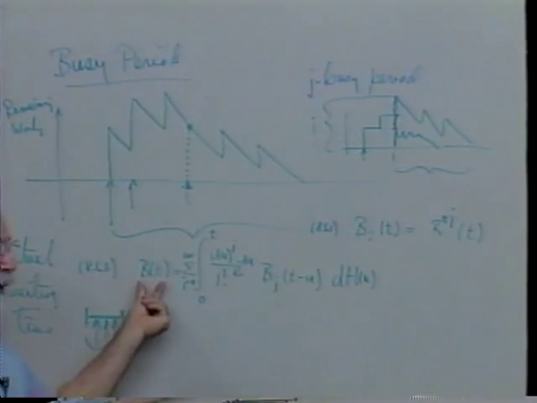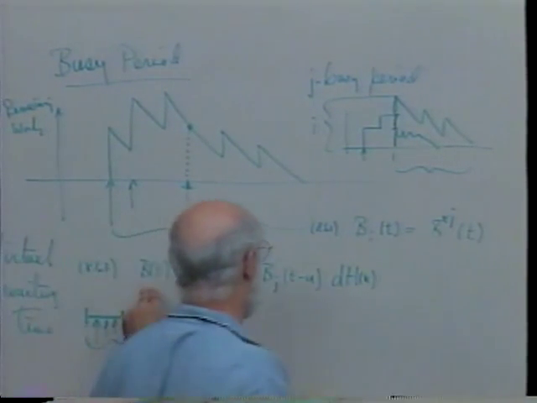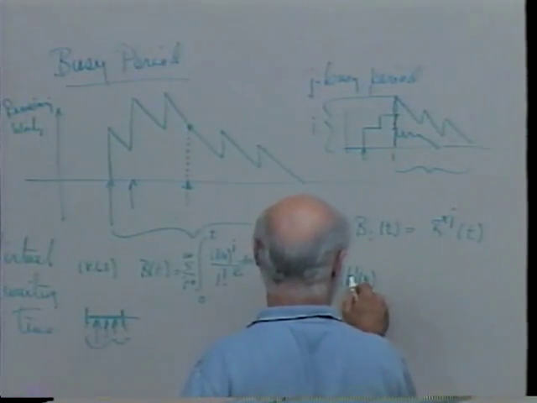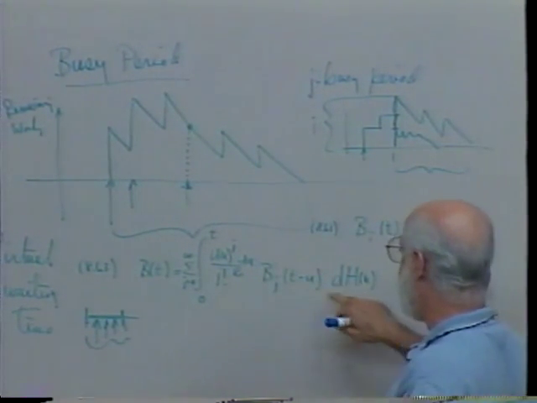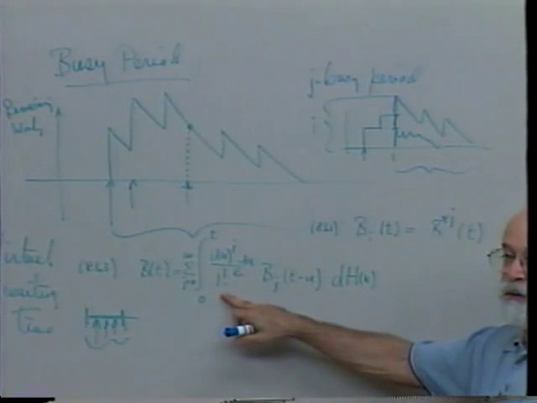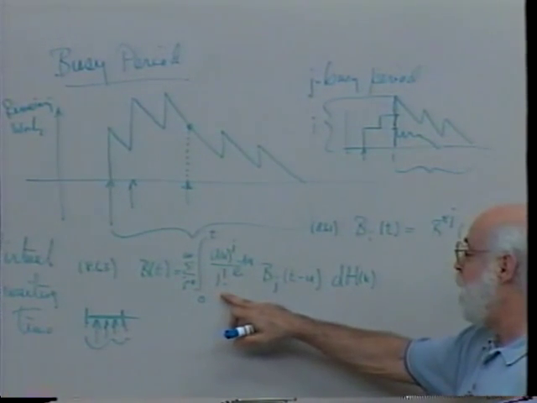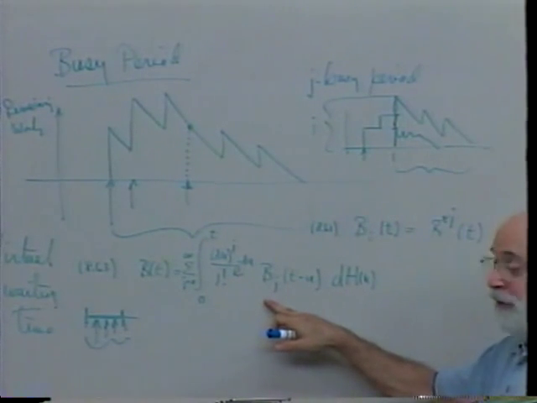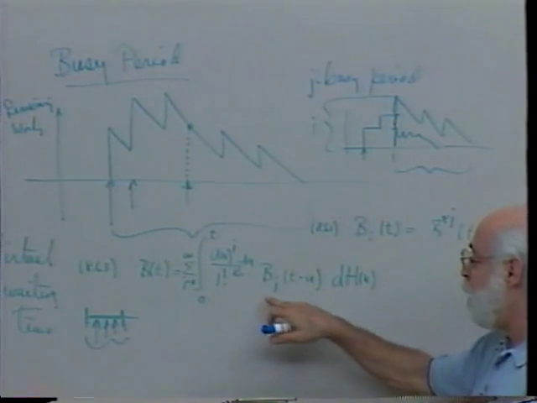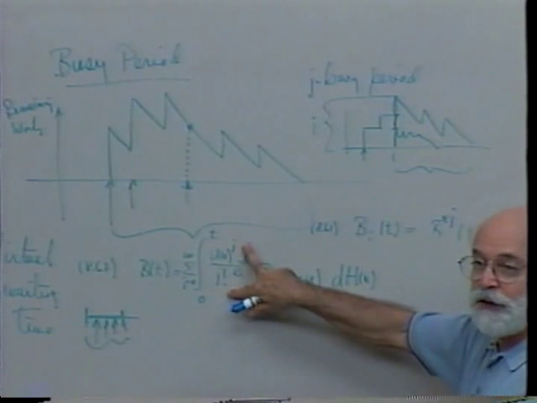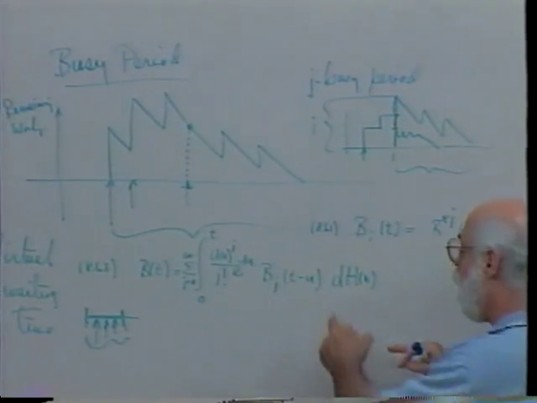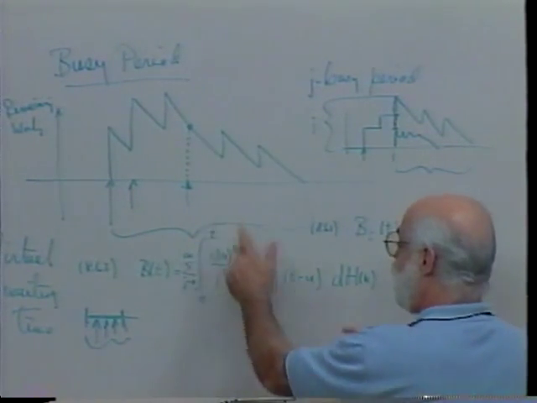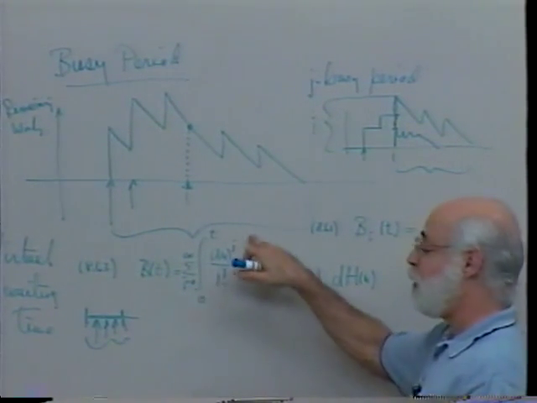Okay, the probability then that the busy period lasts less than t is equal to the probability that the first service time of the busy period lasts exactly u, times the probability that during that first service time exactly j customers arrive, times the probability that the additional remaining busy period, which is a j busy period because it's the busy period that starts with those j customers present, lasts less than t minus u, added up for all u from 0 to t and all j from 0 to infinity.